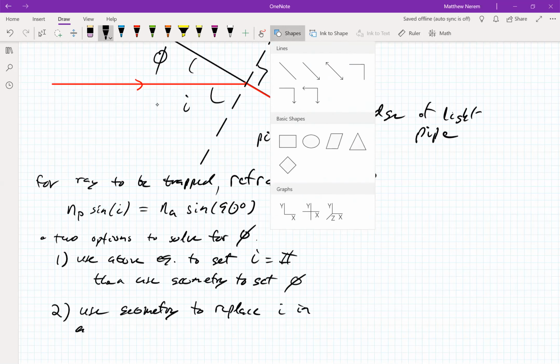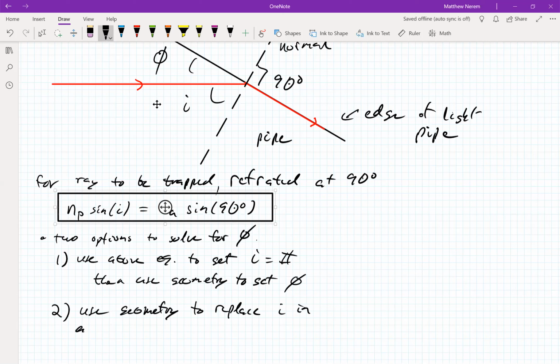And to be specific, I mean this guy. Right. Use geometry to replace I in the above equation. So we're going to use this method.